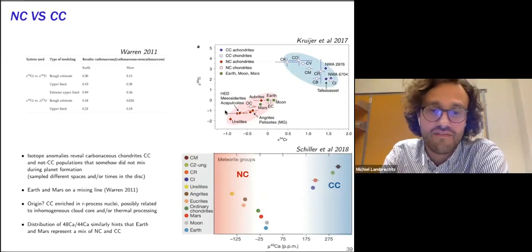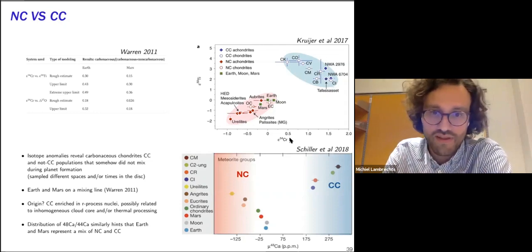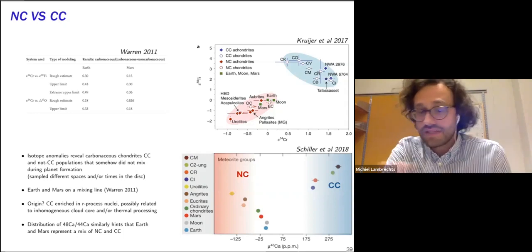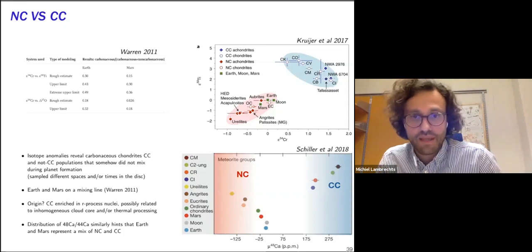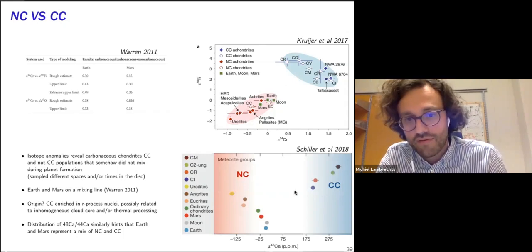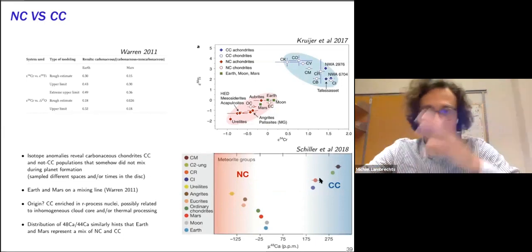Here you have the non-carbonaceous ones, and these are the carbonaceous ones. You see these in isotopes like chromium and titanium, but you also see it in things like calcium, which is another way of looking at the same thing. Interestingly, Earth and Mars sort of fall in between those two reservoirs, so they presumably accrete a bit of both.